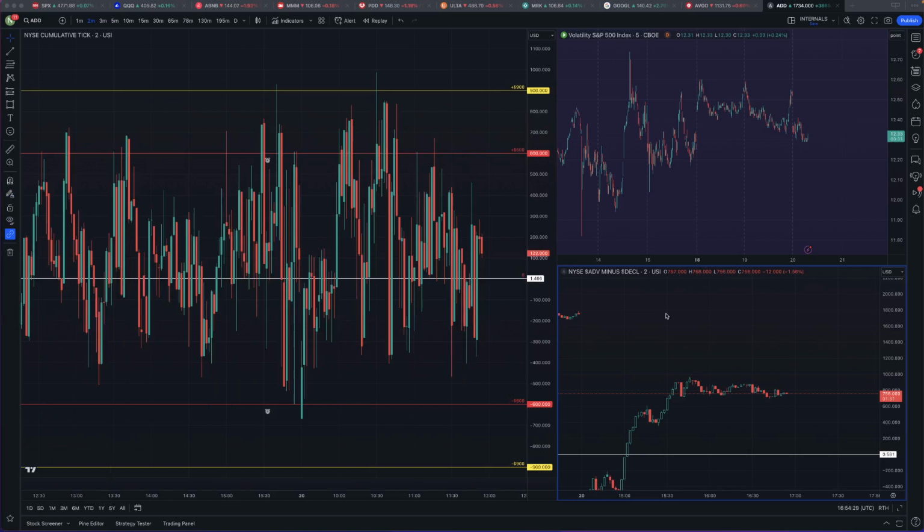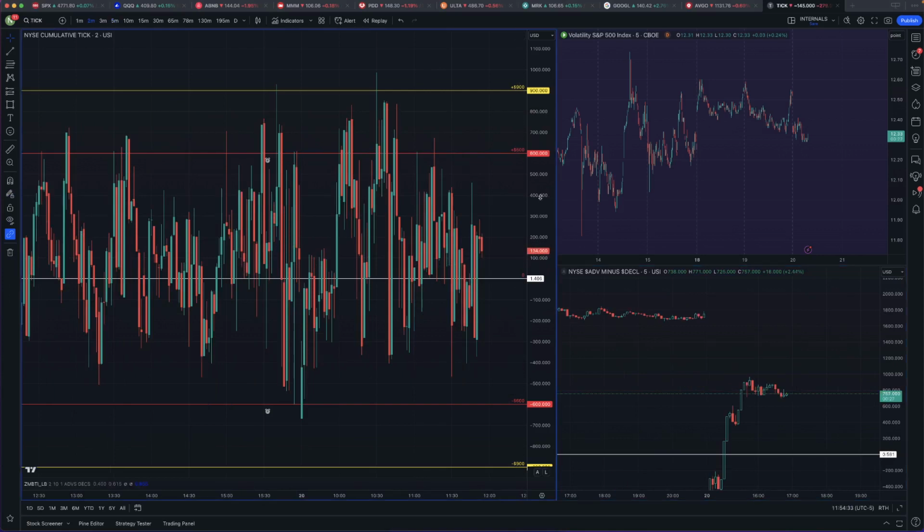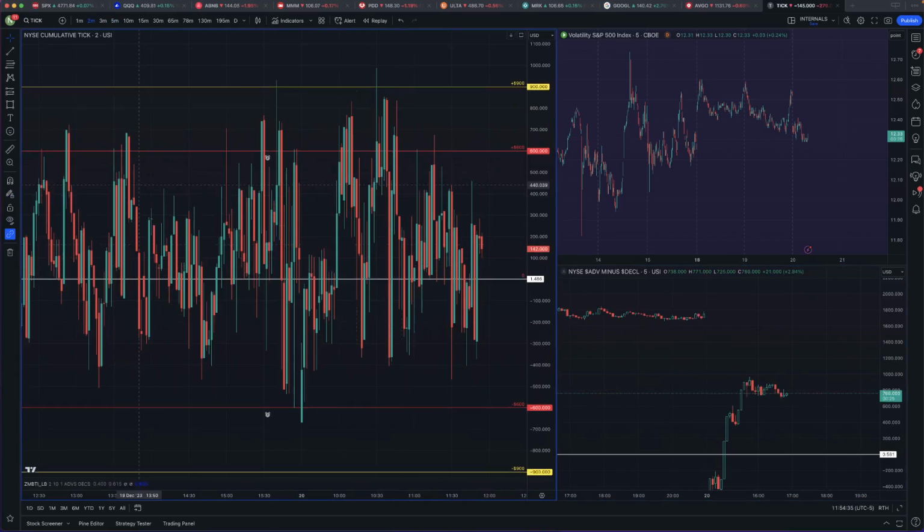So the ticks are a measurement of buying and selling in real time in the market on the New York Stock Exchange. When we set this chart up, we like to put it on a 2-minute tick chart.